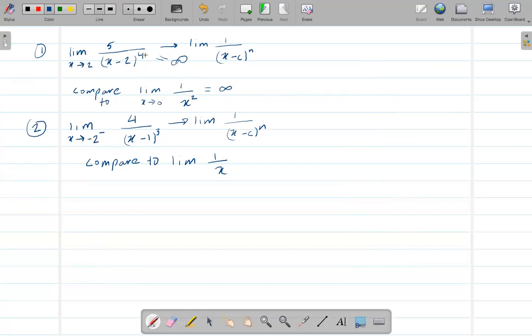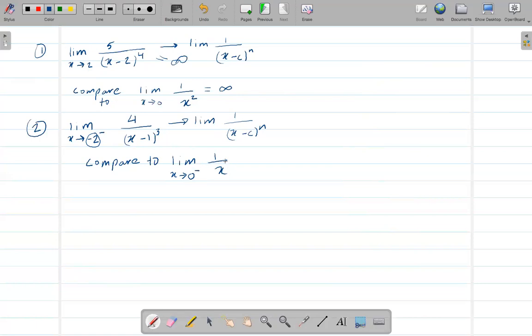And again, the limit here on the bottom will be x goes to 0, since the -2 is replaced by 0, but since this is approaching from the left, we still keep that.